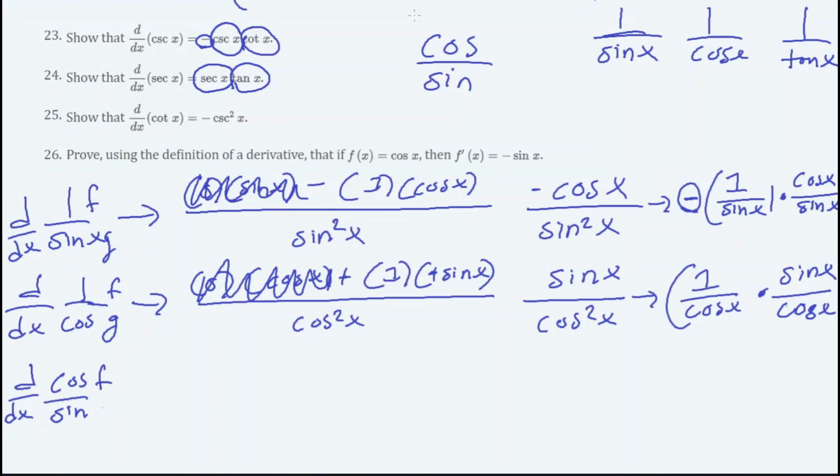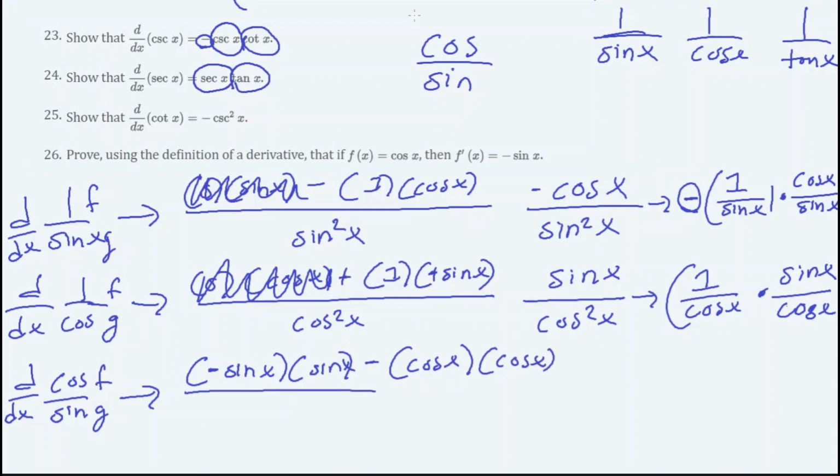So cosine is going to be f, sine is going to be g, and so we're going to have f prime, which is going to be negative sine, multiplied by g, which is going to be sine, minus f, which is going to be cosine x, multiplied by the derivative of g, which is going to be cosine x, and that's going to be over g squared, which is going to be sine squared x.